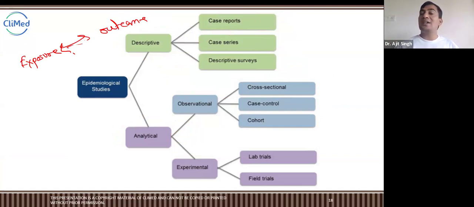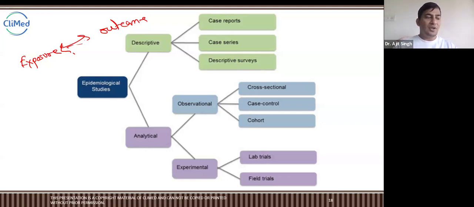Both are the terms we will be using in the entire clinical research, and the entire clinical research depends on the exposure and outcome. So exposure means any causative agent or causative factor which can cause any problem. That is called exposure.